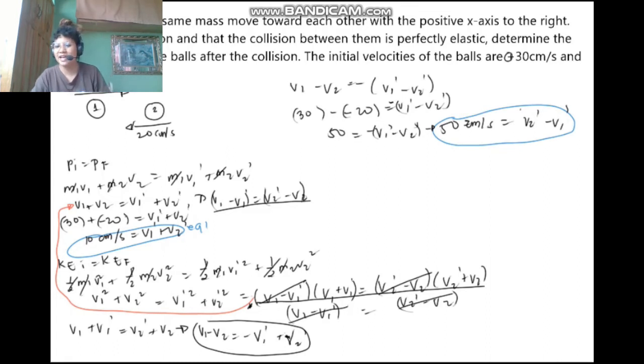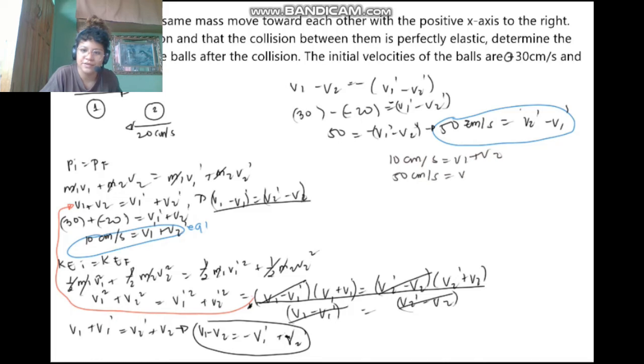Once we have our first and second equations, we're simply going to add them. So we have 10 centimeters per second is equal to v sub 1 prime plus v sub 2 prime, and 50 centimeters per second is equal to v sub 2 prime minus v sub 1 prime.